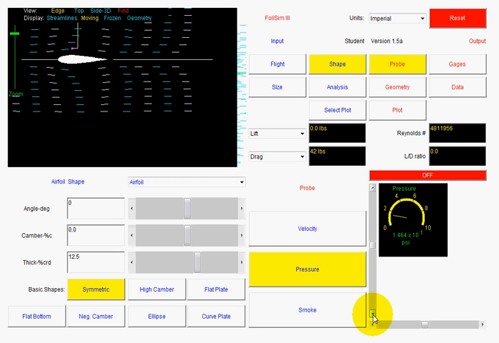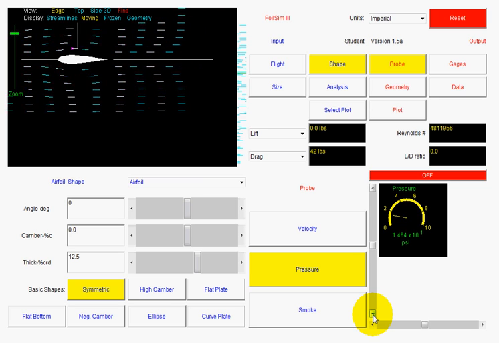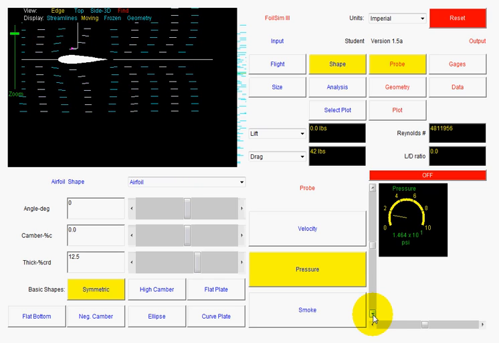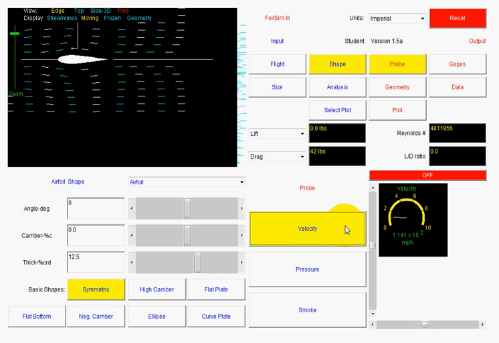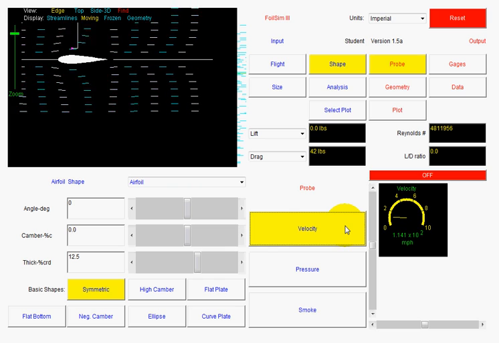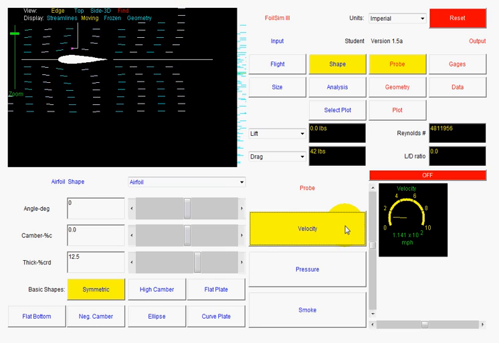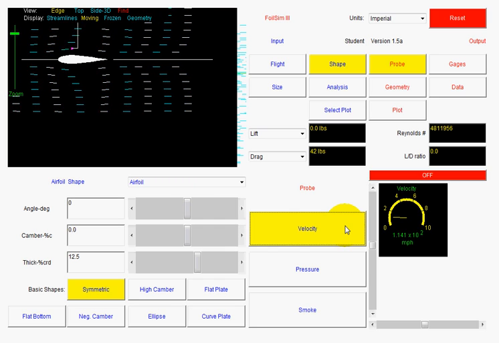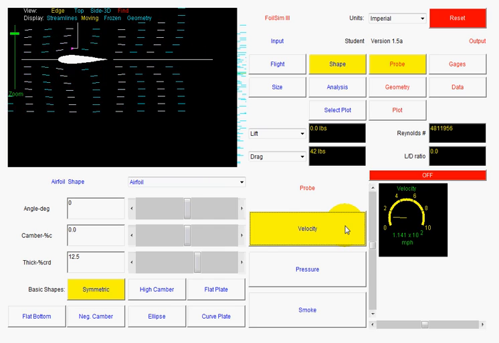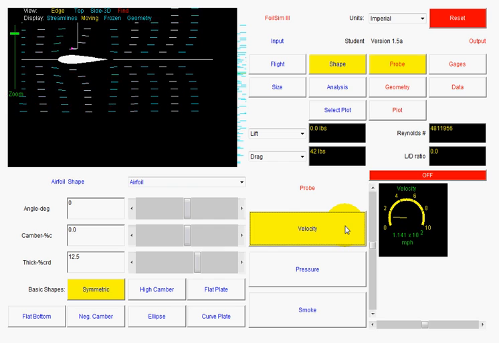It's giving us a pressure of 1.464 times 10 to the first PSI and a velocity of 1.141 times 10 to the second power miles per hour. These are the data points that you will want to put into your lab.